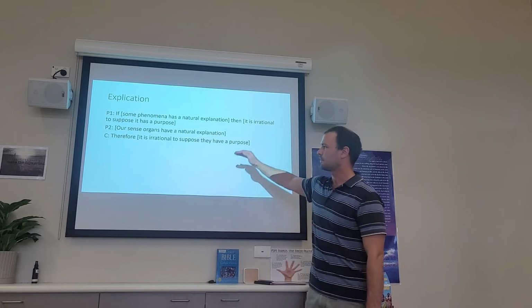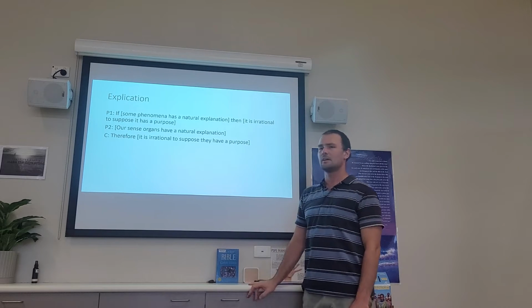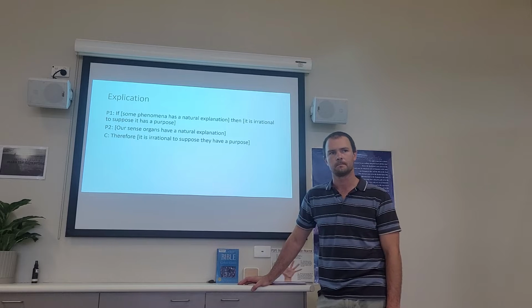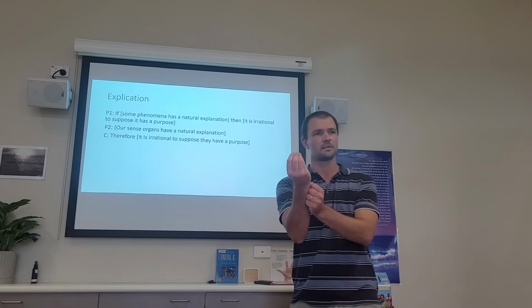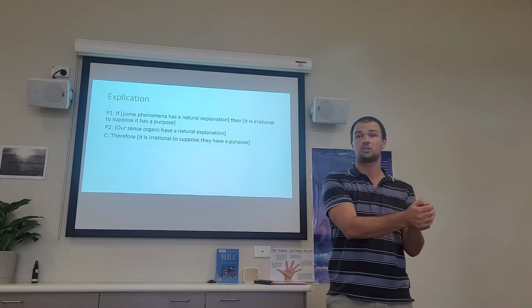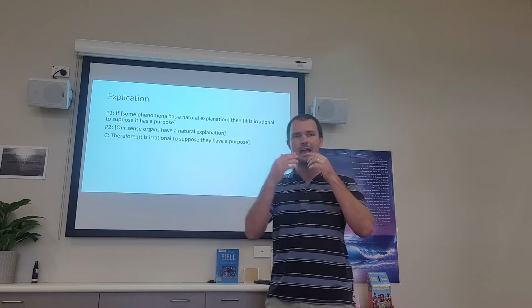The second premise says, our sense organs have a natural explanation. So according to evolutionary theory, our sense organs are the product of natural selection, aren't they? How does an eye form?